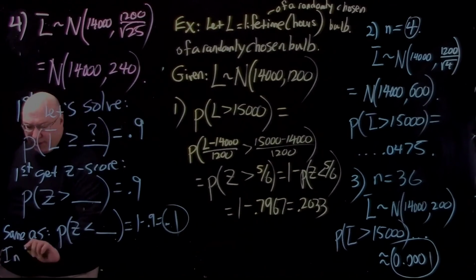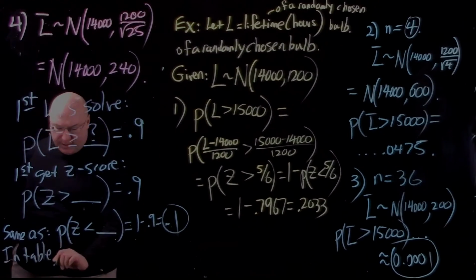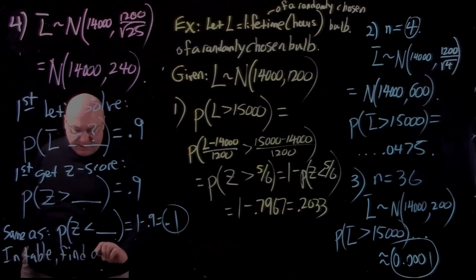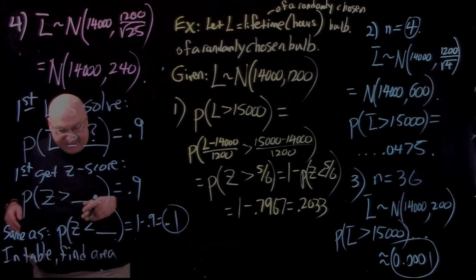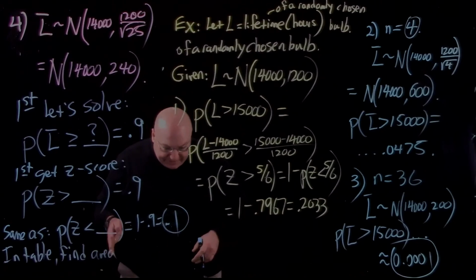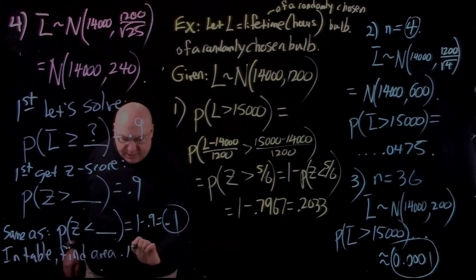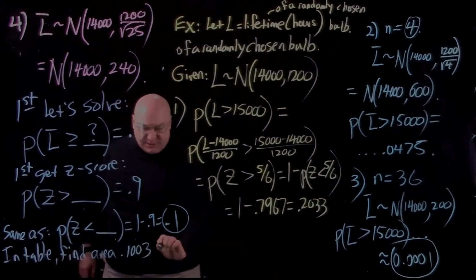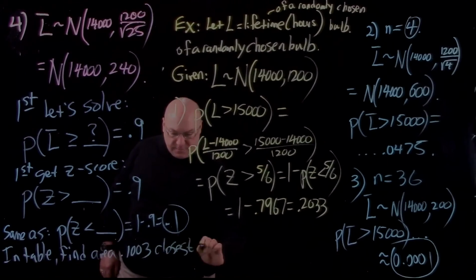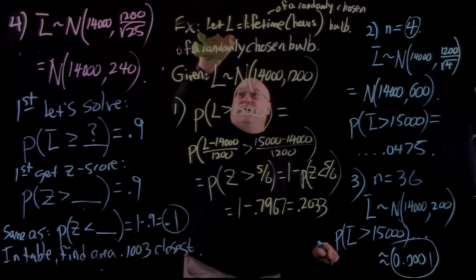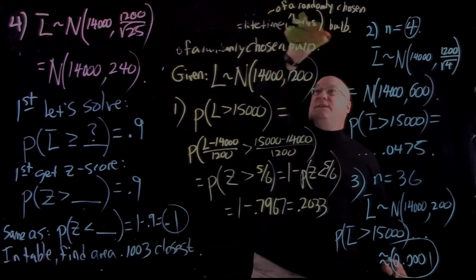And in the table, we find an area deep inside. You got to go inside. The area is, I think, 0.1003 was the closest. All right. So that gives us a z-score.